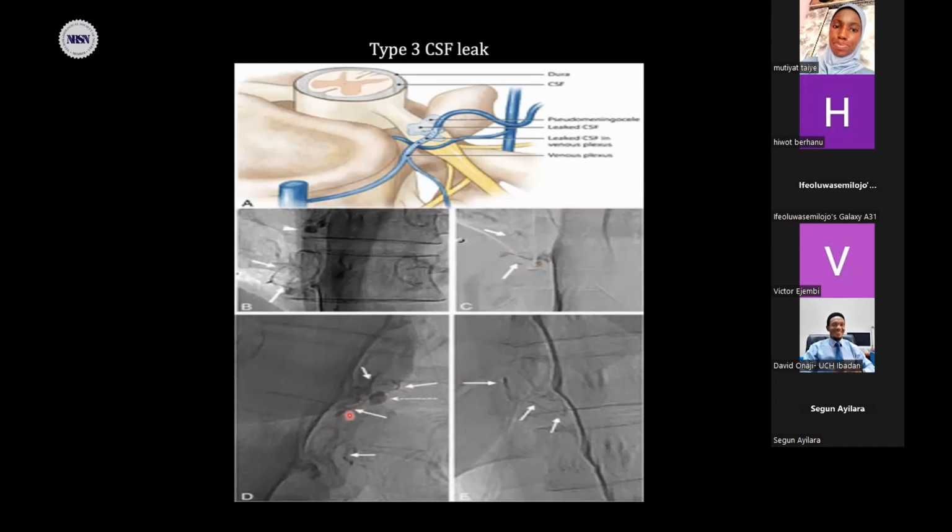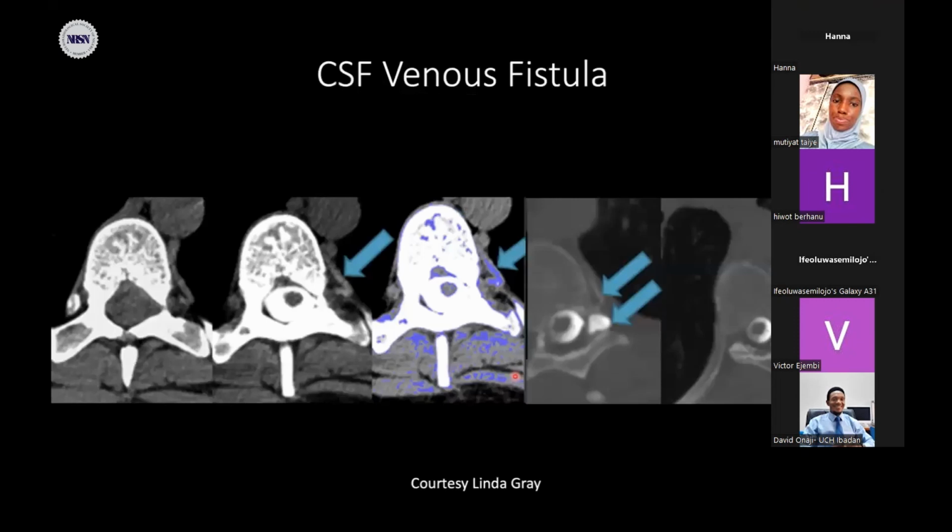So you have linear extravasation, which tends to extend along the areas of the veins. So with the type 3, you don't see any free extravasated CSF in the epidural space, and these ones are quite difficult to catch on imaging.